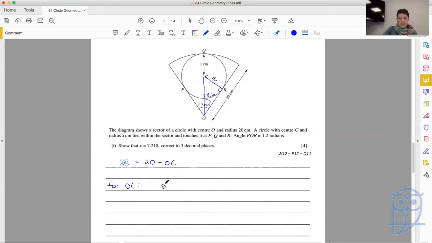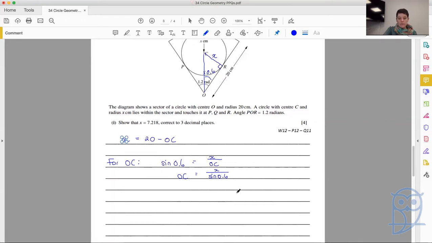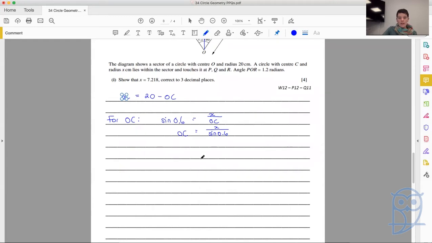So sine 0.6 equals X over OC. Remember, we don't use SOH CAH TOA when we're doing these. We use the letters that really describe the line we're working with. So OC would then equal X over sine 0.6. And if we've got then a value for OC, therefore X equals 20 minus X over sine 0.6.